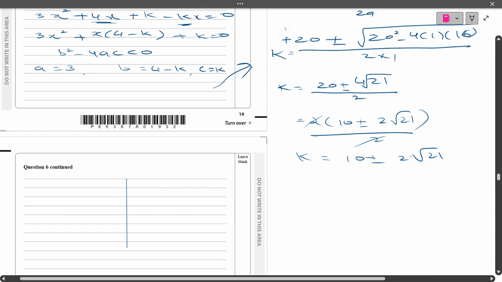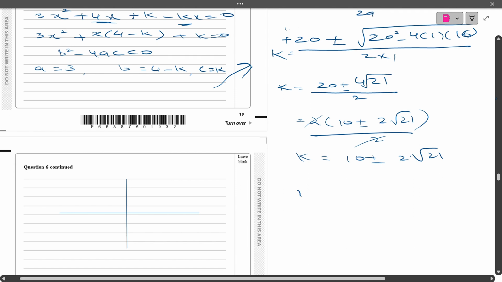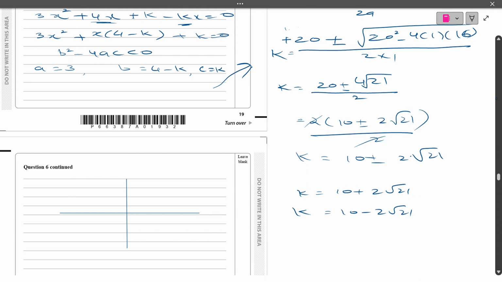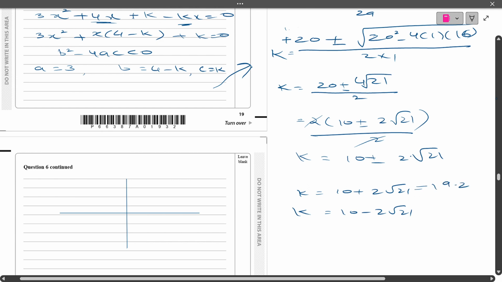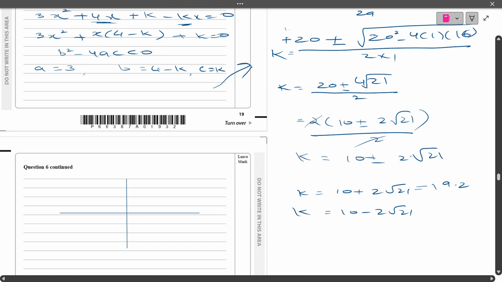All right, so this is a parabola. If I draw roughly a curve to understand how to arrange the possible values for k, the parabola lies between 10 plus minus 2 root 21. So I have two values for k here. 10 plus 2 root 21 is 19.2, and if I subtract it, that is 0.8.